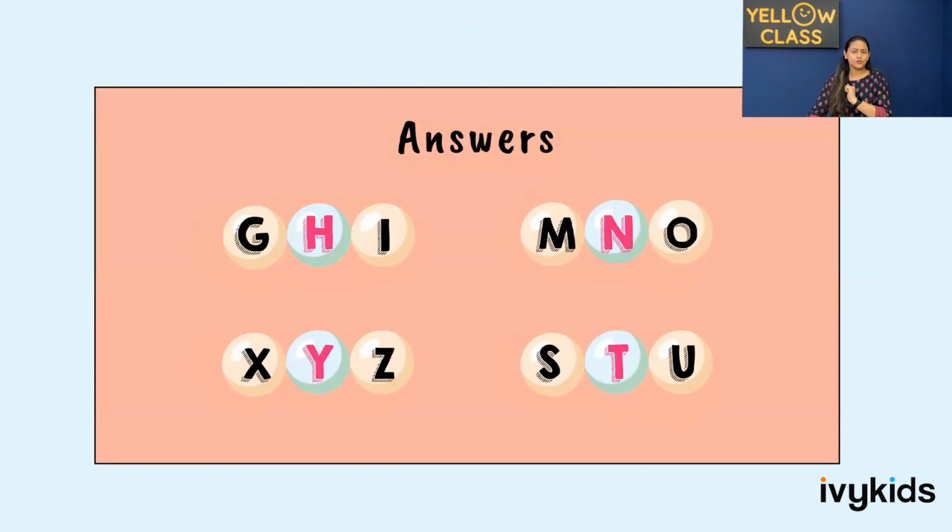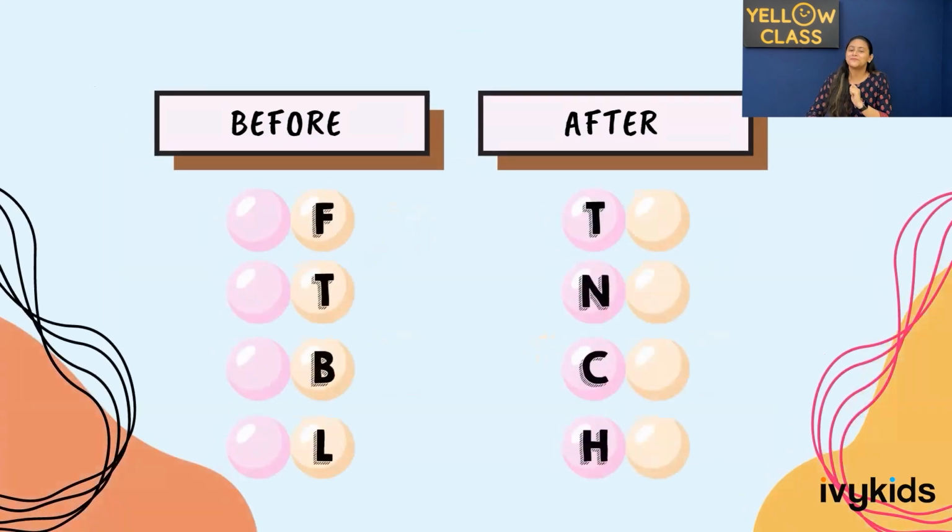So let's move forward. Let us continue with some more questions, but this time the questions are a little different. I'm going to once again explain it to you with the help of these balls. So the first question is asking what comes before something. So let's say what comes before B. That's A, right?